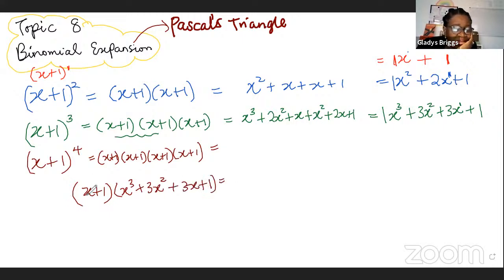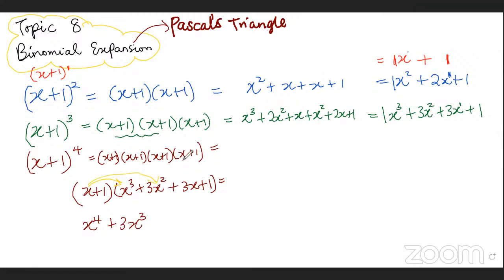So what you will have then is x to the power of 4, this times this. Plus 3x to the power of 3, this one times this one. Plus 3x to the power of 2. Well done.